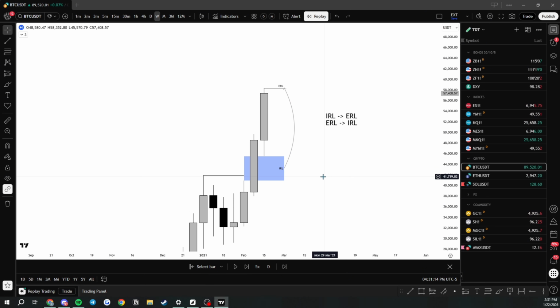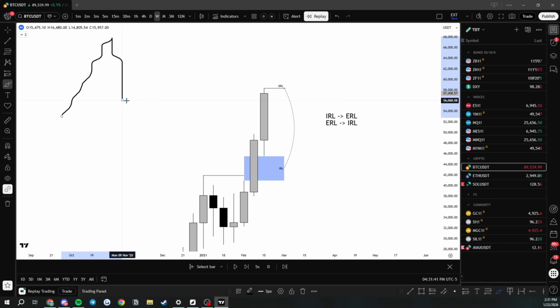Now, if we made a high here and then we swept it and put in a huge reversal candle, then it would make sense to be like, okay, we're definitely moving down to that IRL, and we're going to look at an example exactly like that. Yeah, you can absolutely trade the pullback, but if we're in a bullish market, the pullback is manipulation.